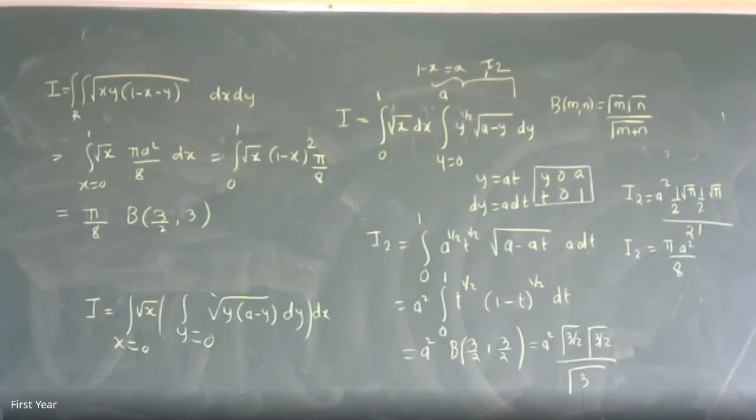Okay. I'm not telling you the final answer. I won't solve it. You tell me, and put the answers in the chat box. Quickly. Use that formula: beta m, n is equal to gamma m gamma n upon gamma of m plus n. So all the things are related to each other. That's why we have done beta gamma reduction earlier.